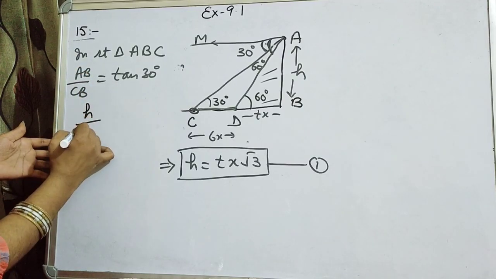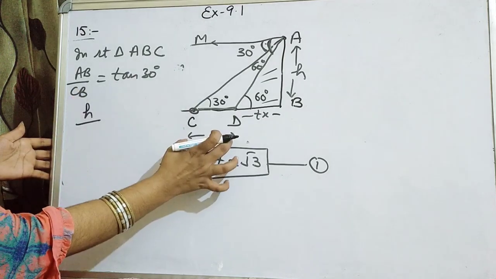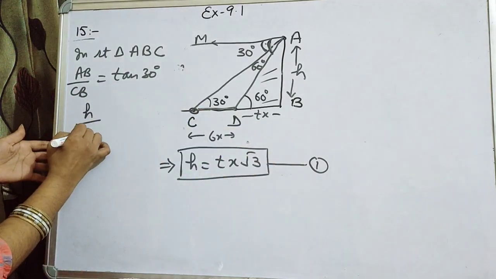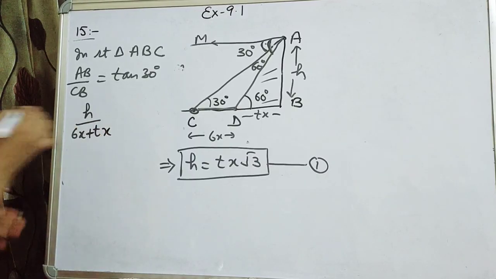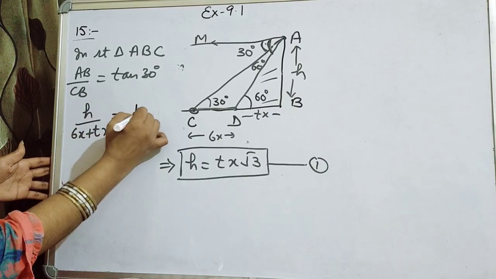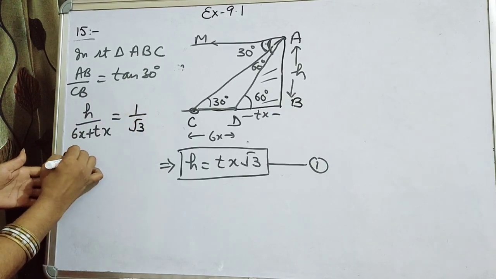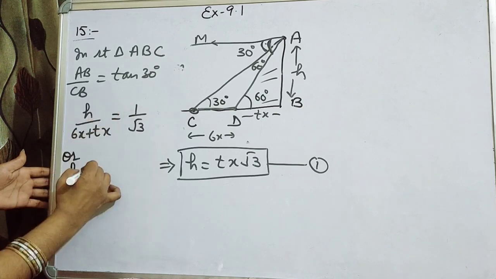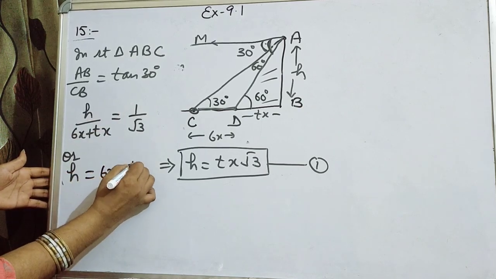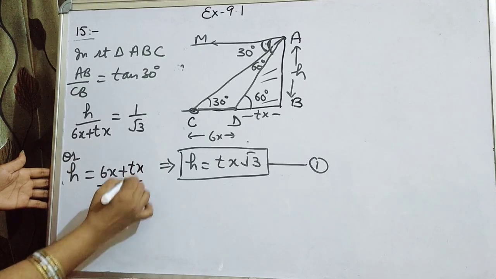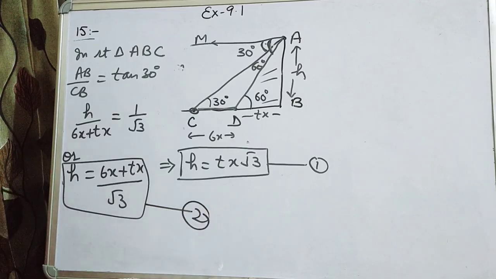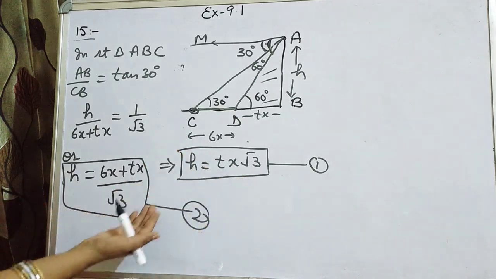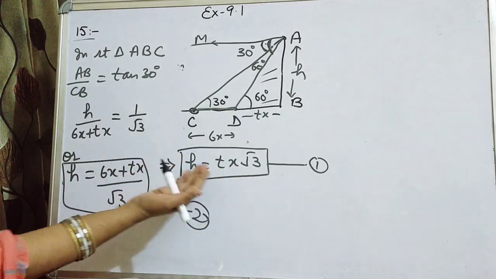It will be H over CB, and CB is CD plus DB, that is 6X plus TX. So 6X plus TX is equal to tan 30, that means 1 by root 3. From here I get H equal to (6X plus TX) upon root 3. So this is the value of H from the second right triangle.